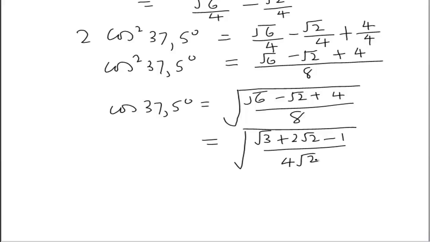What I've seen could possibly be the case is where you're dividing each one by root 2. If I divide that by root 2, I'll get that. If I divide this by root 2, I'll get the minus 1. If I divide the 4 by root 2, I'll get 2 root 2. If I divide 8 by that, I will get the answer. Now that takes care of double angles.